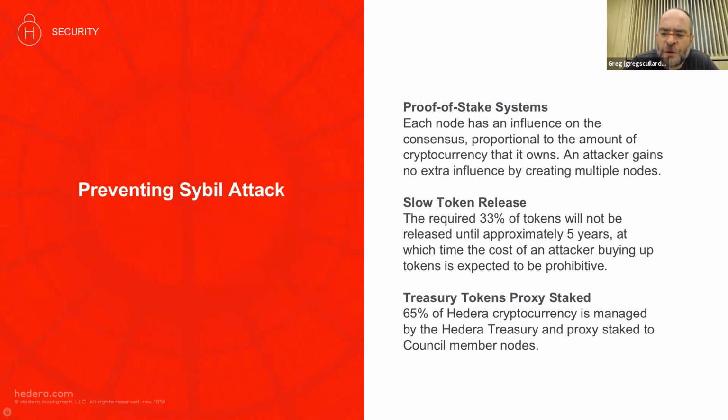However, Hedera has a slow token release schedule to prevent this. So 33% of the 50 billion tokens will never reach circulation for approximately 5 years. And the expectation is at that point, buying that many tokens or coins will be prohibitively expensive.